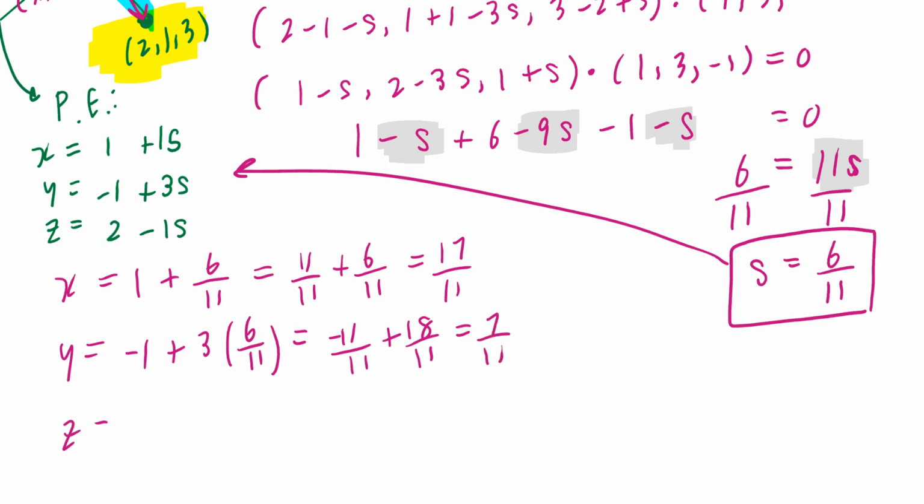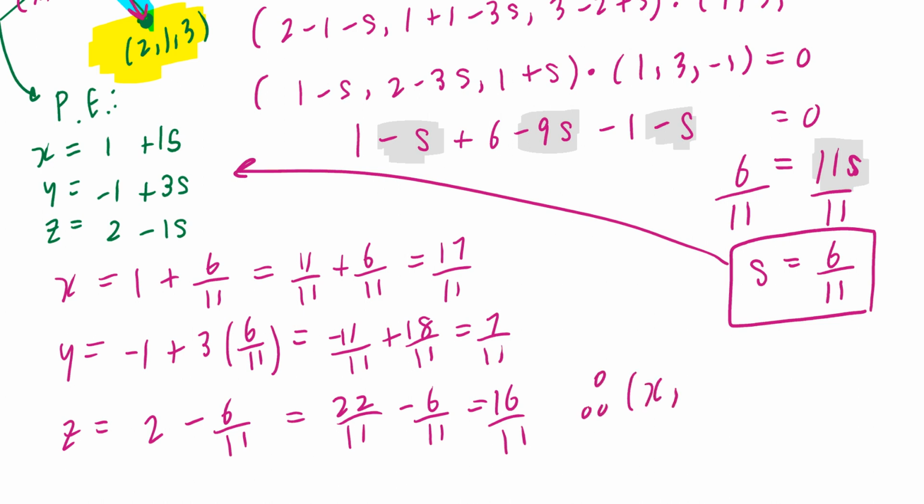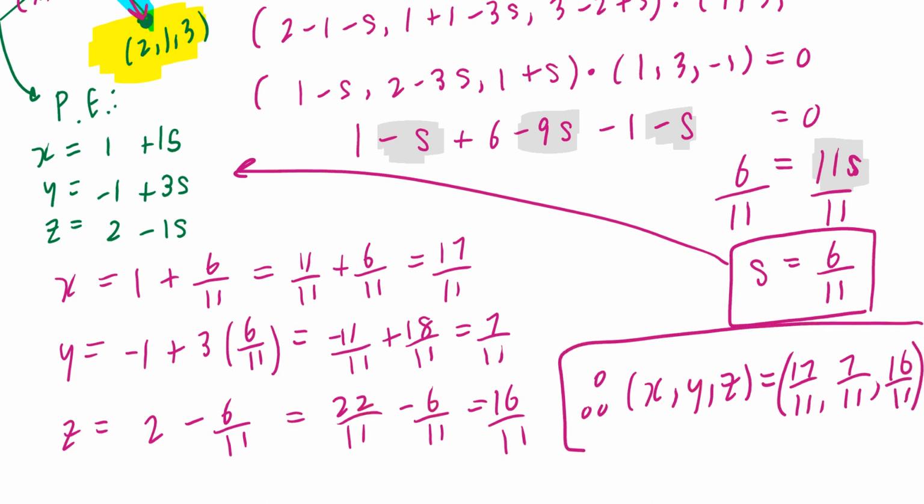Last but not least, z is 2 minus s, which is 2 minus 6 divided by 11, or 22 divided by 11 minus 6 divided by 11. That's going to be 16 over 11. This implies that the point x, y, z equals, in exact form, 17 over 11, 7 over 11, 16 over 11.